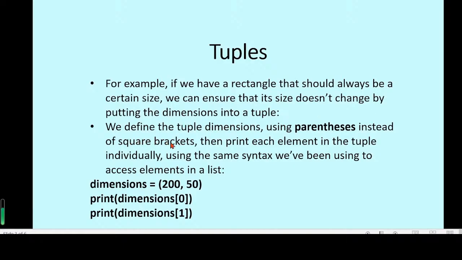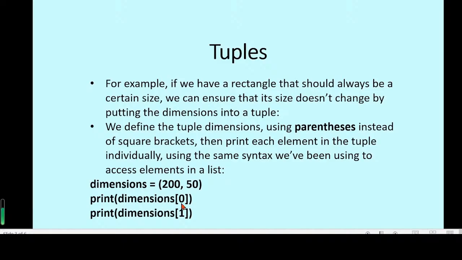So we define the tuple dimensions using parentheses instead of square brackets. Then we print each element in the tuple individually, using the same syntax we have been using to access elements in a list. So this is a tuple with two elements. We use parentheses to create a tuple. Then if we want to get the first element, we just use this tuple with bracket 0.